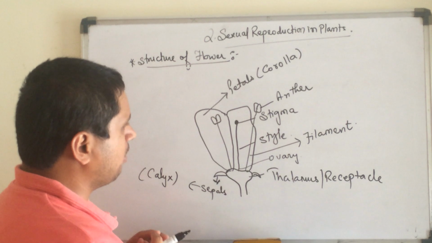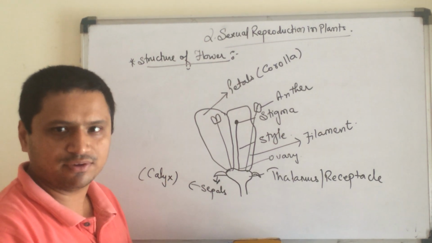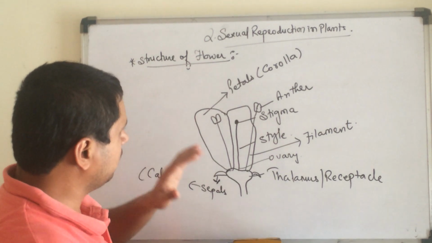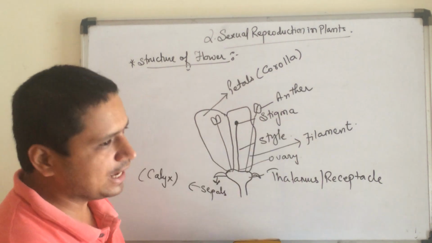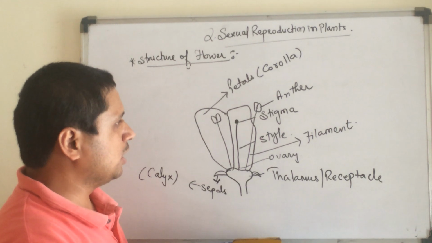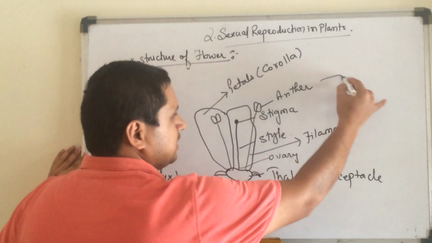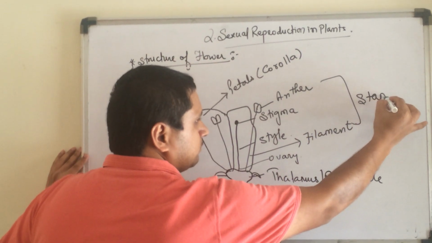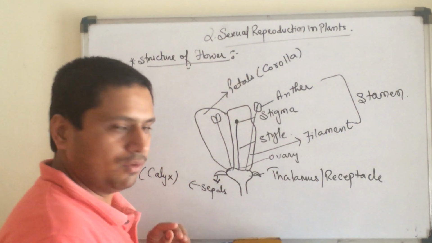So I hope you are clear about the structure of a typical flower. Now let us concentrate on the structure of the male reproductive part, that is known as the stamen.